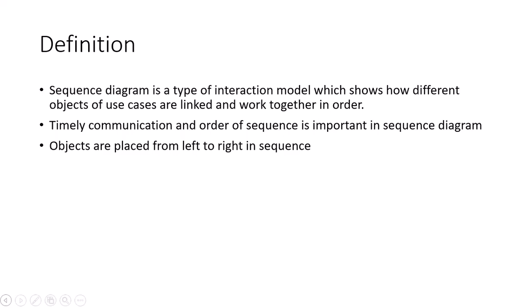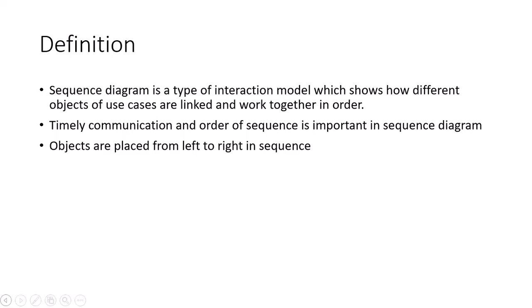If we compare the sequence diagram with the class diagram and use case diagram, what's the difference we feel? If we compare the sequence diagram with the use case diagram, one difference is that use case is the user interaction oriented diagram. That is how actors interact with the functionalities, and different use cases interact.